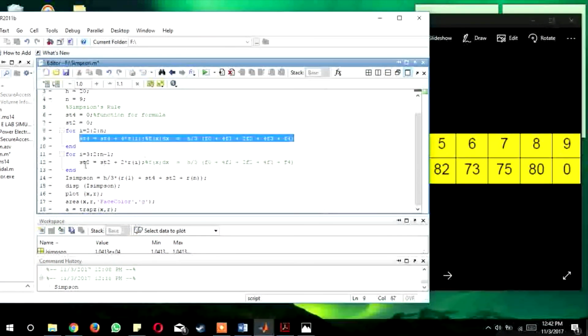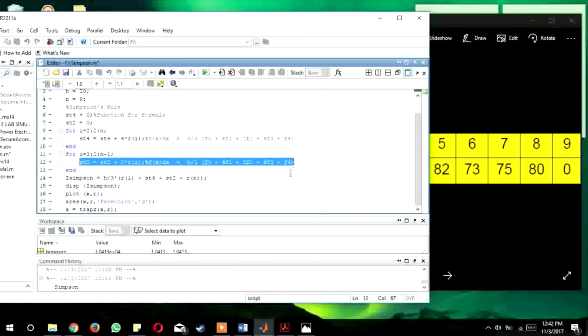These two programs are used as the formula that we use to measure the area under the graph in Simpson's rule. So what happens if you run this program?